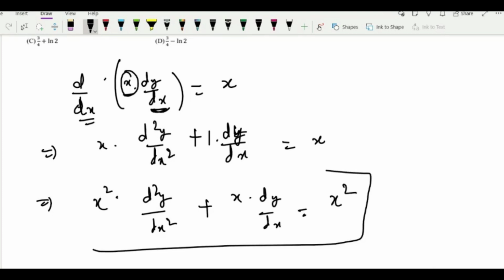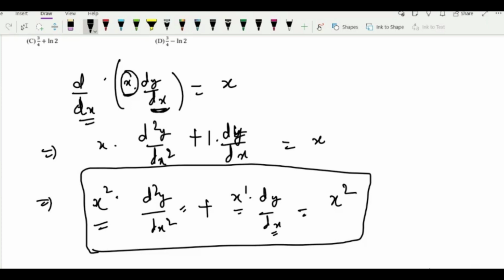Now this equation is our Cauchy-Euler equation. Here the power of x is equal to the order of differentiation. Now this is our Cauchy equation. Now we can proceed in a similar manner for finding the solution.